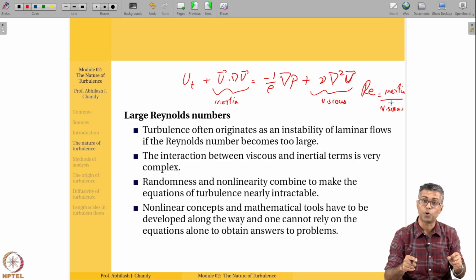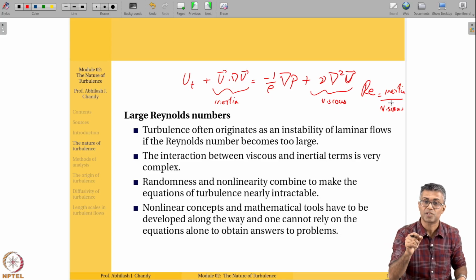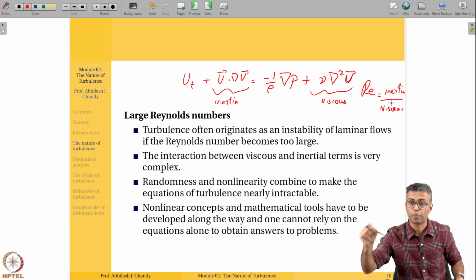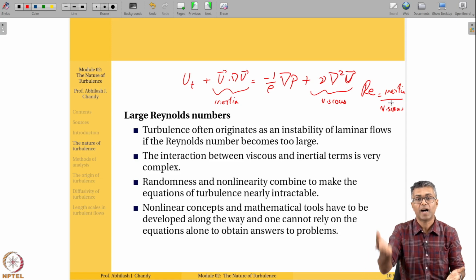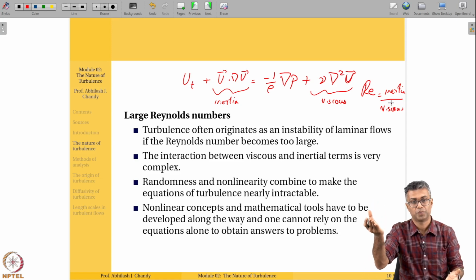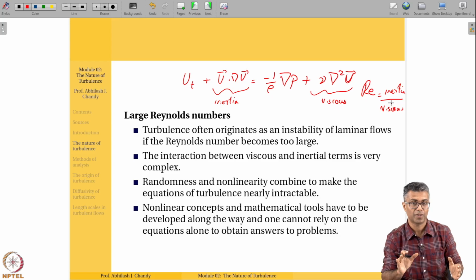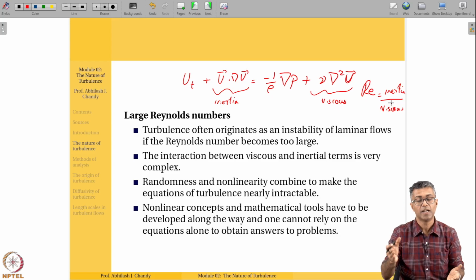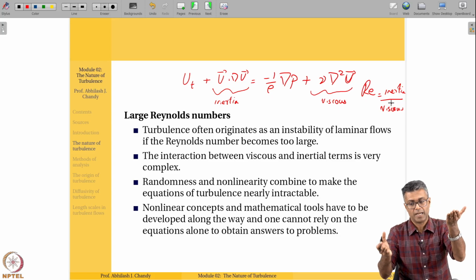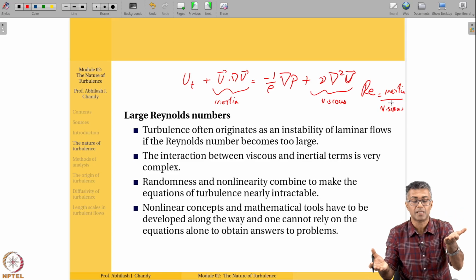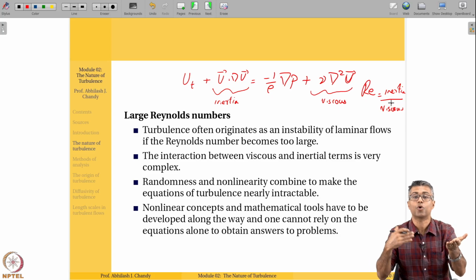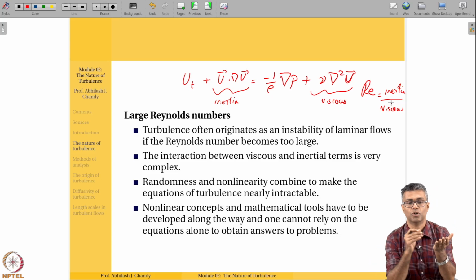If the Reynolds number is low, there is no mechanism for that instability to propagate further. It will get dissipated because of the high viscous nature of the flow. I'm talking about laminar flow. In a turbulent flow, on the other hand, when the inertia terms are high and the viscous terms are relatively low, the mechanism, the inertia, what it does is it tends to propagate the instability. That instability keeps growing and leads to turbulent flow.